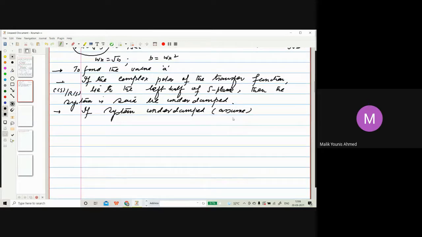This is s square plus as plus b, so s will be equal to the roots: minus b plus minus under root of b square minus 4ac, divided by 2a.